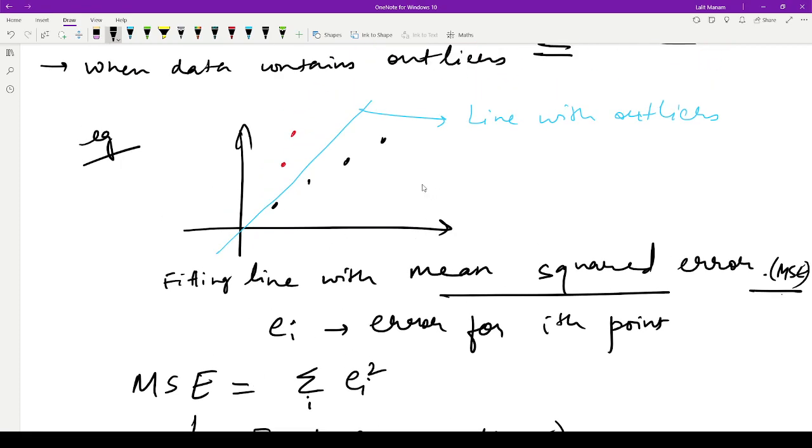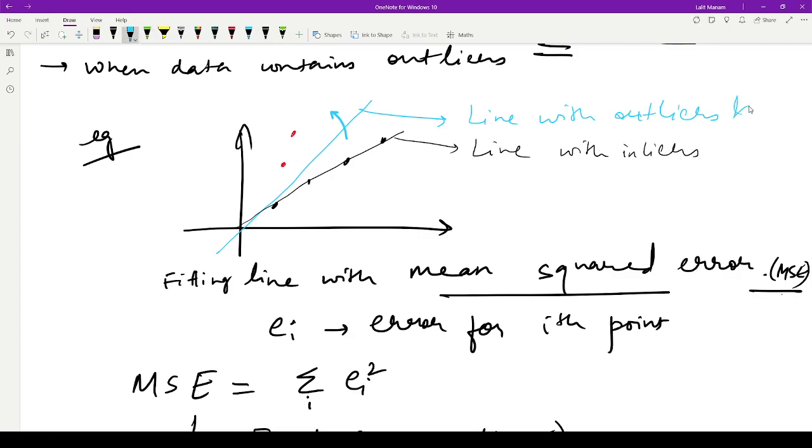So when I blindly take all the points, what happens? Because these errors are high, to compensate for them, our line shifts this way, right? But now, if I only consider inliers, this is the line with inliers.